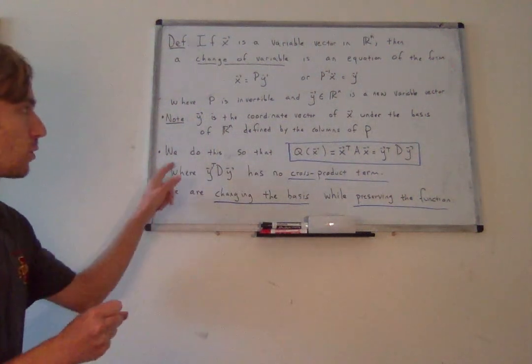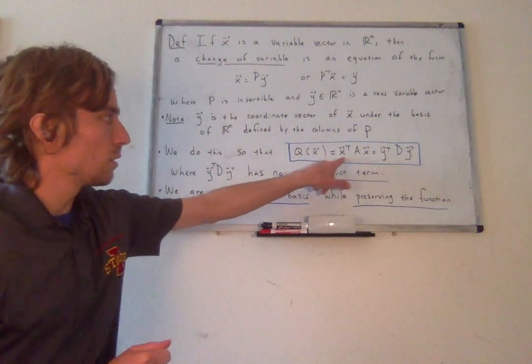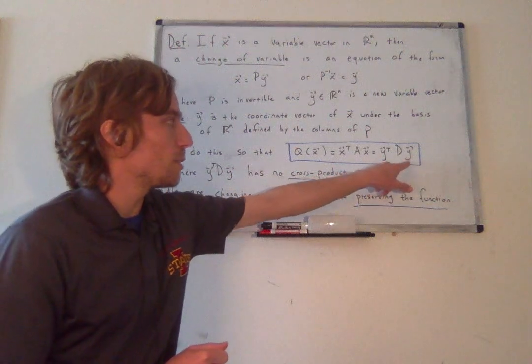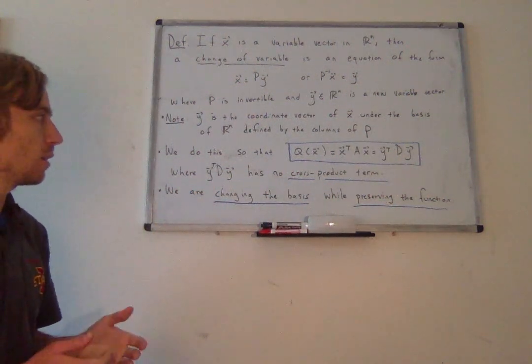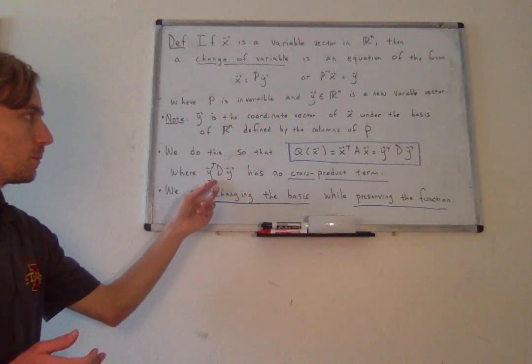Our goal is to preserve this function, but rewrite it as y transpose times D times y, where D is a matrix such that this quadratic form has no cross-product term.